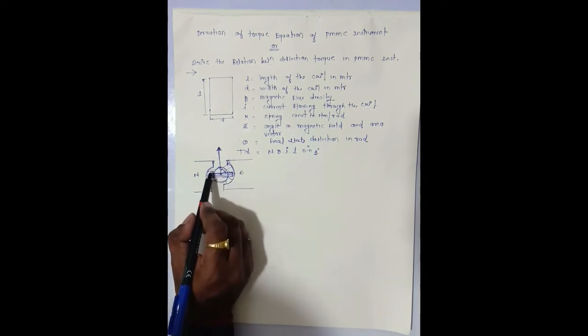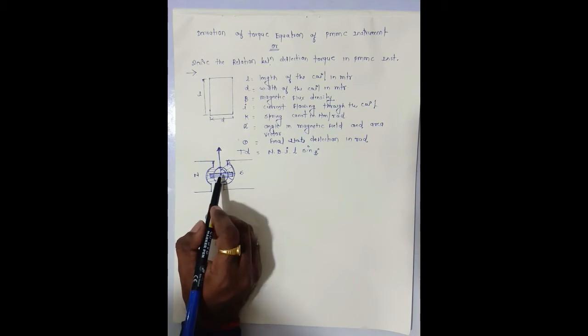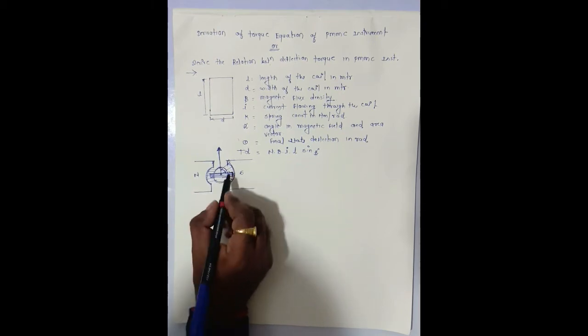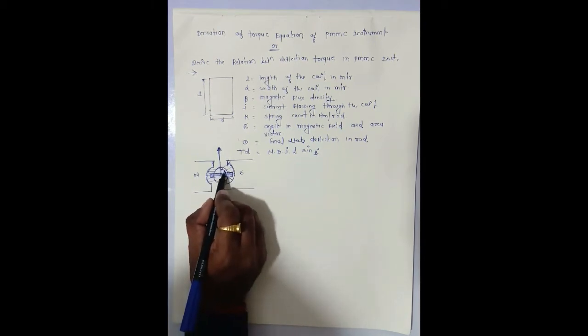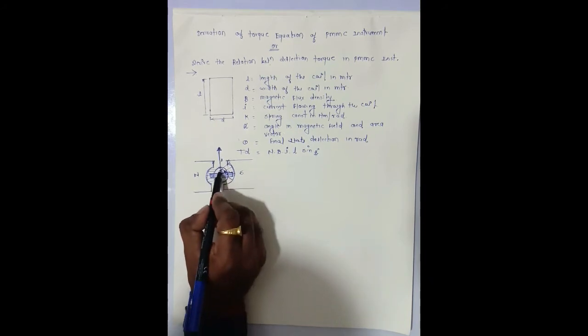The magnetic field is a radial field. Because of the radial magnetic field, at each and every position the angle between the magnetic field and the area vector is always 90 degrees.